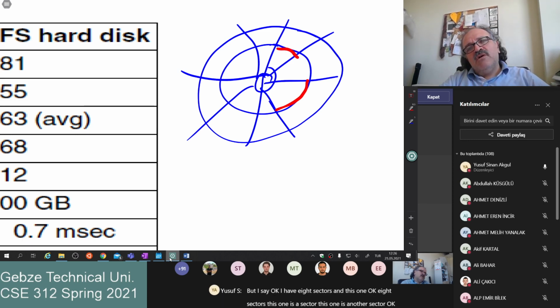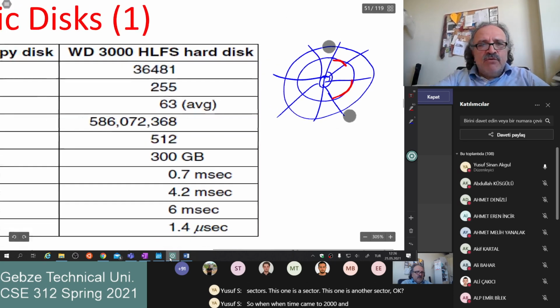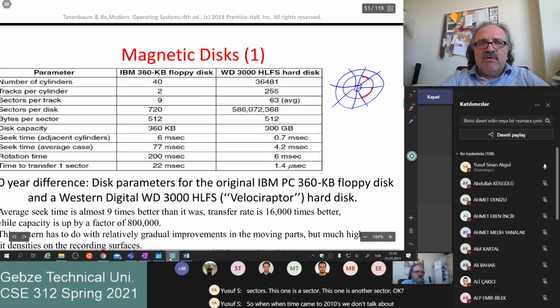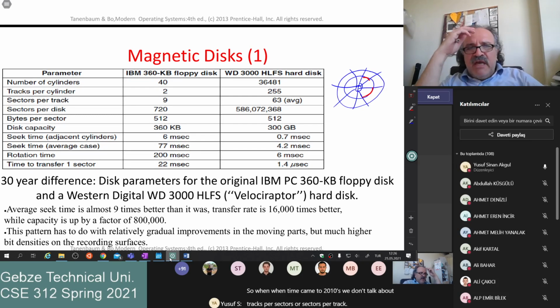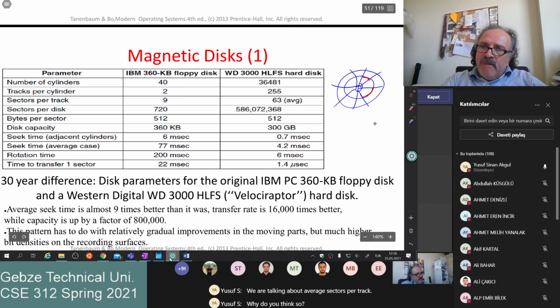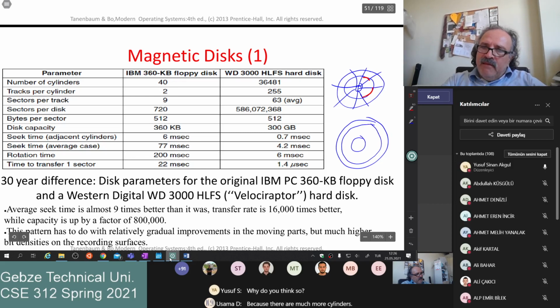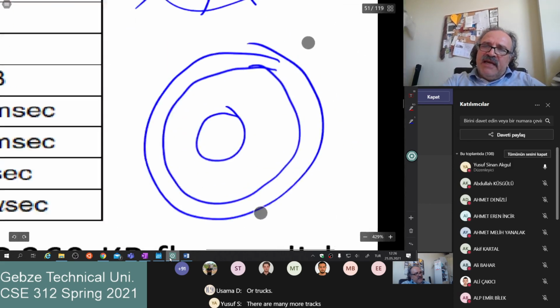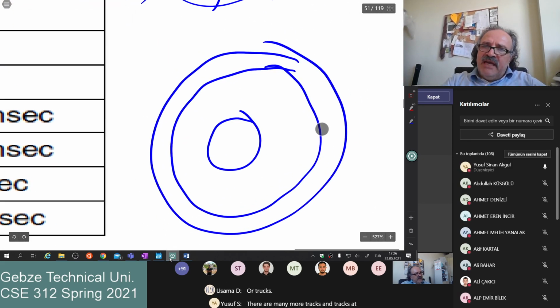So when time came to the 2010s, we don't talk about sectors per track; we are talking about average sectors per track. Why do you think so? Because there are many more cylinders or tracks, and tracks around the outer edge have more space.